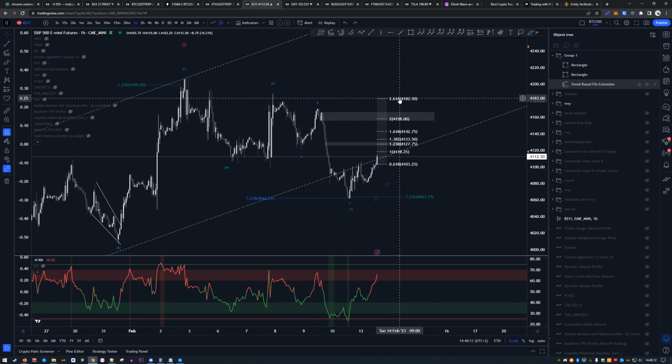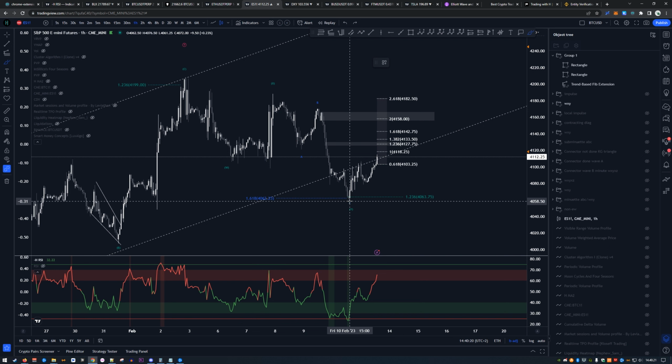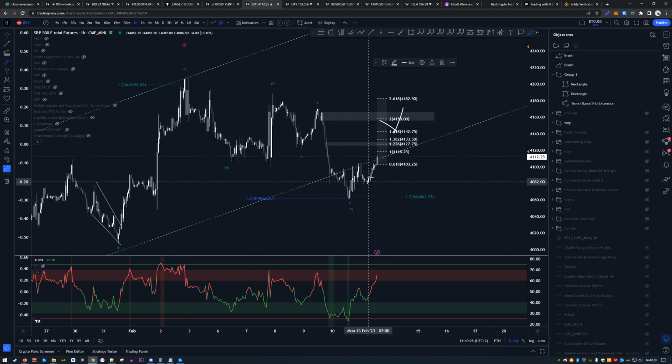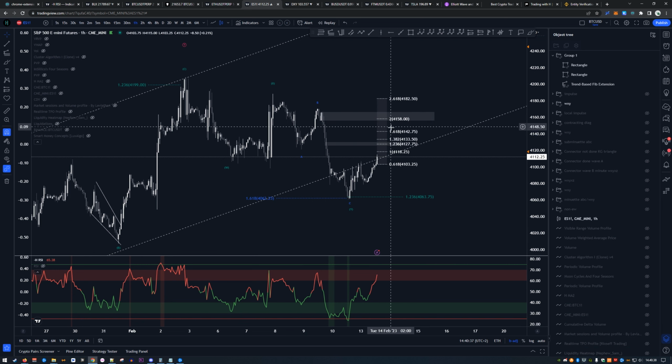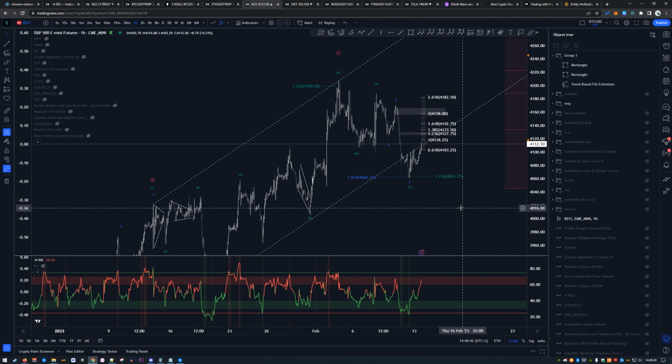That would be more towards the 2.236, which is one of the targets we would be looking for in more of an impulse wave structure, where neither the wave 3 here nor the fifth wave after the fourth wave would be extended. So this order block here, or the one at the top here, could be major resistance. Those are the areas I would be interested in looking for short opportunities again.